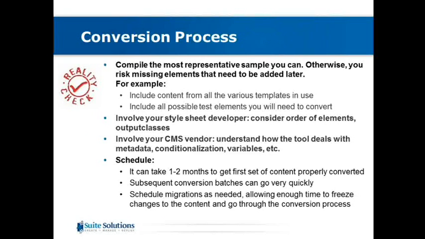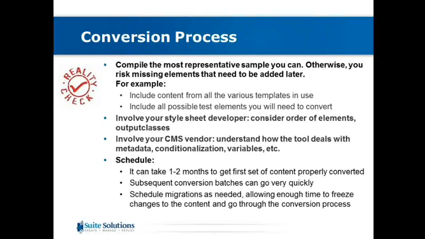So when you start the conversion process, the first thing you'll do is choose the first sets of information that you want to have converted. And what we always recommend is that you compile the most representative sample you can, one that contains as many elements and as many different kinds of information as possible in whichever ways you're using it.